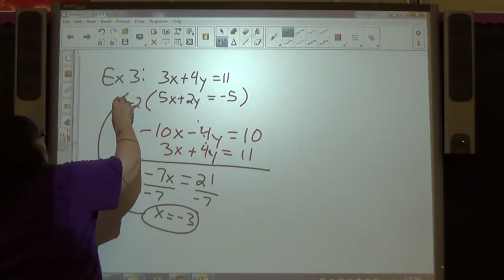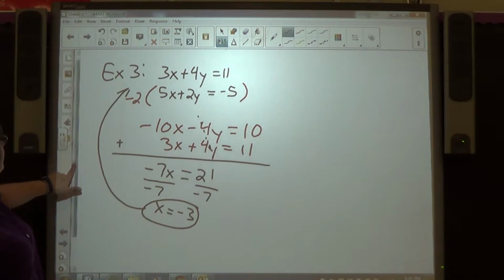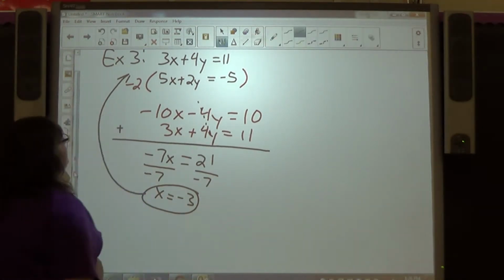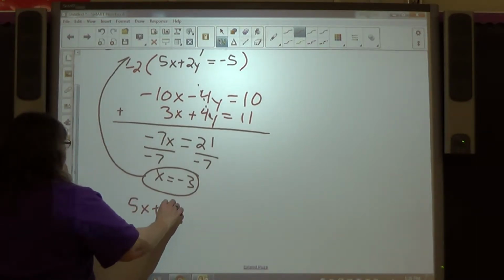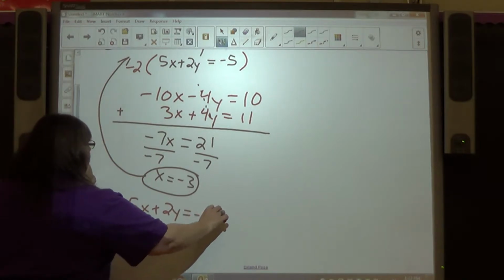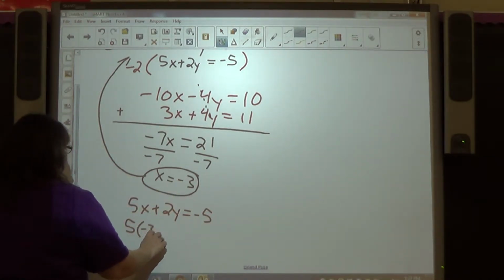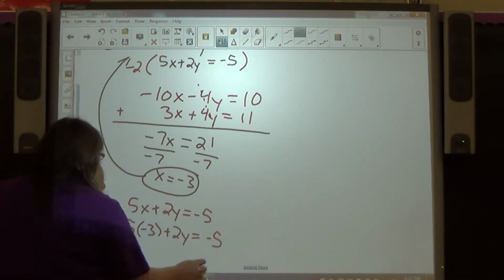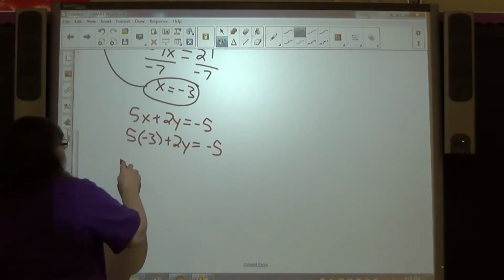Plug it back into one of the original equations before I multiplied. Okay? So let's use 5x plus 2y equals negative 5. Put in for x. Okay. Perform the multiplication.